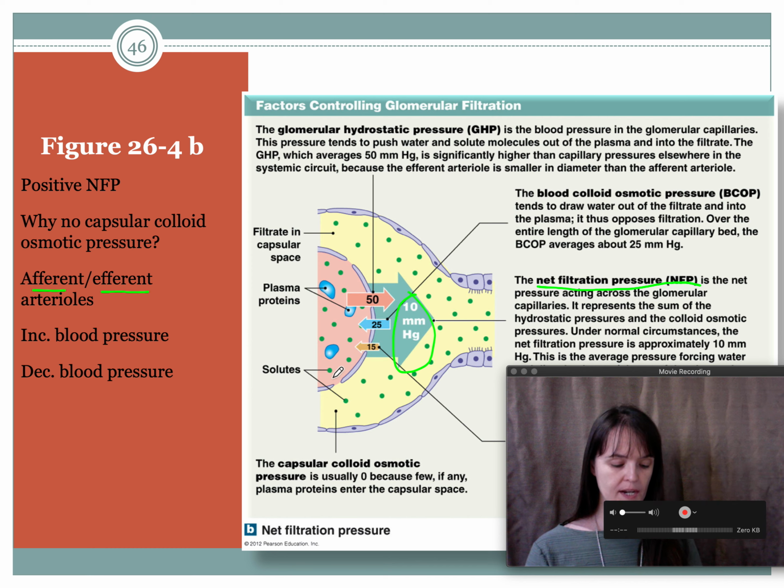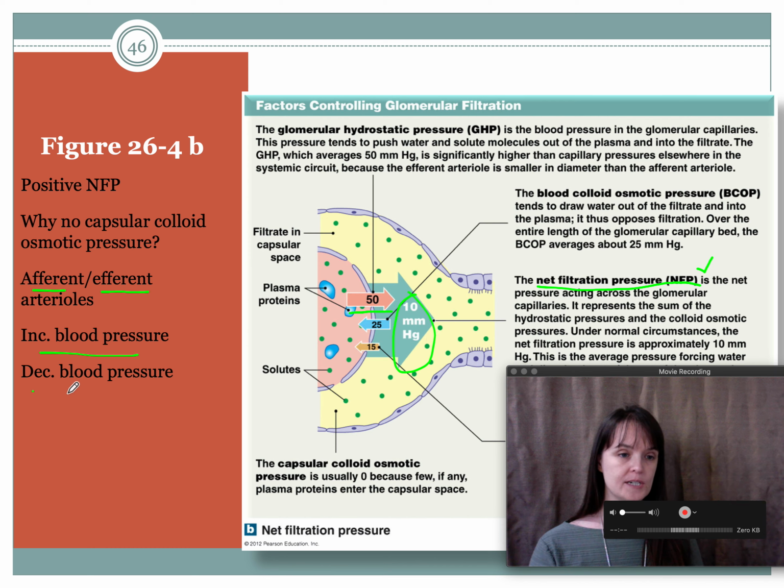If blood pressure went up, how would the filtration pressures change? If you increase the blood pressure, you would increase this glomerular hydrostatic pressure, which would increase the net hydrostatic pressure, which would increase the net filtration pressure. So increase.